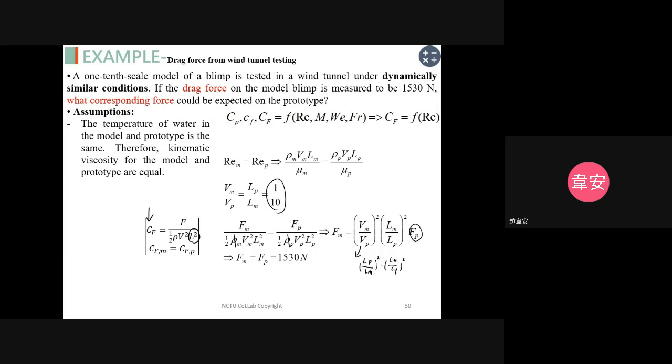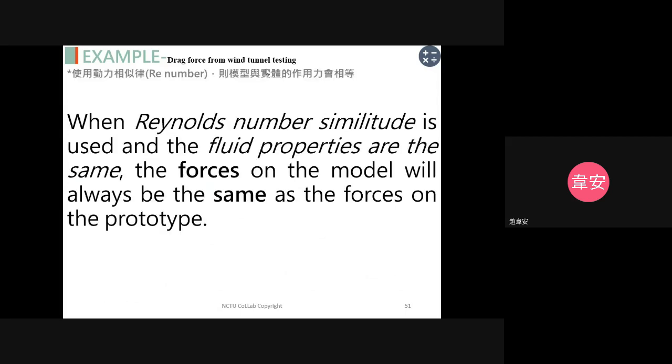Notice that, very interestingly, they cancel out and finally equal the ratio 1. So that means for these problems, the force in the model and the force in the prototype are always the same. The slide summarizes the idea: when Reynolds number similitude is used and the fluid properties are the same.